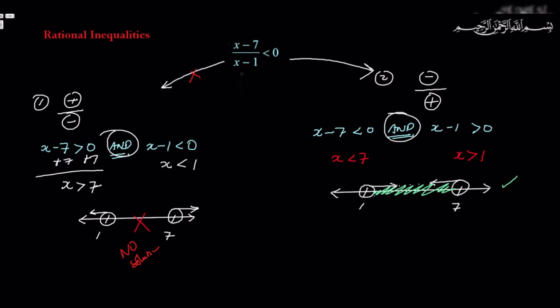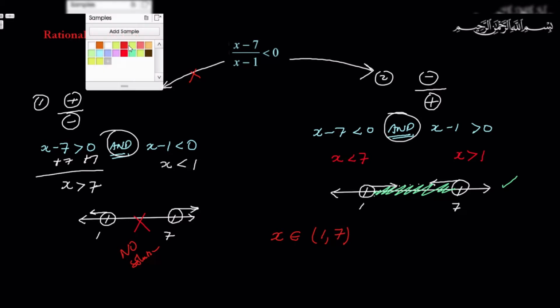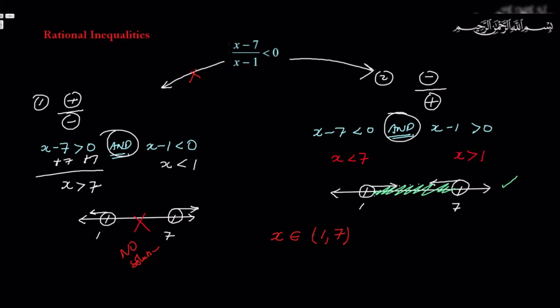So we can say the solution is as follows. x is an element of the set of all numbers that are between 1 and 7. I use interval notation to express my answer. Now this is not an ordered pair, if you remember. This is a representation of the interval 1 to 7 with open ends represented by the parentheses.